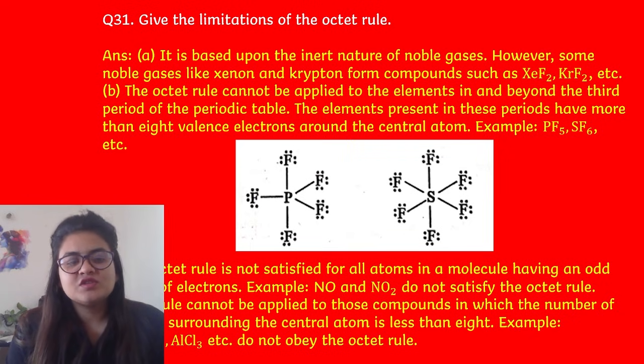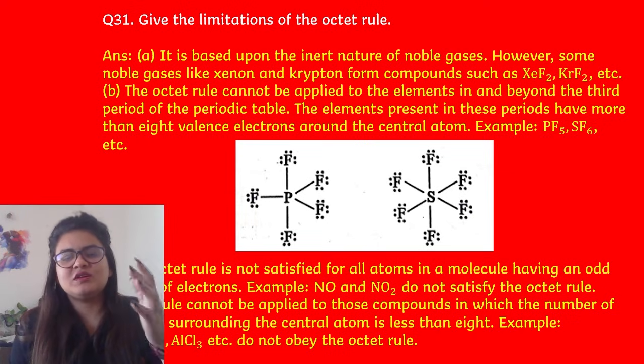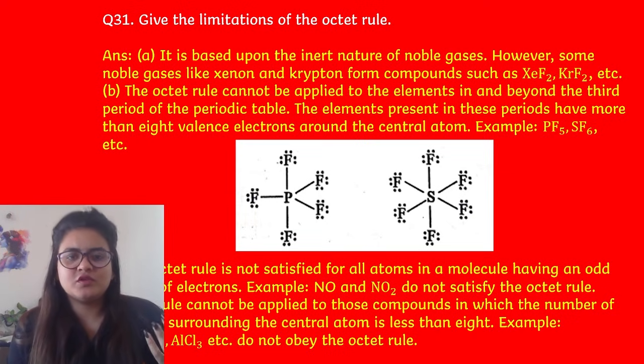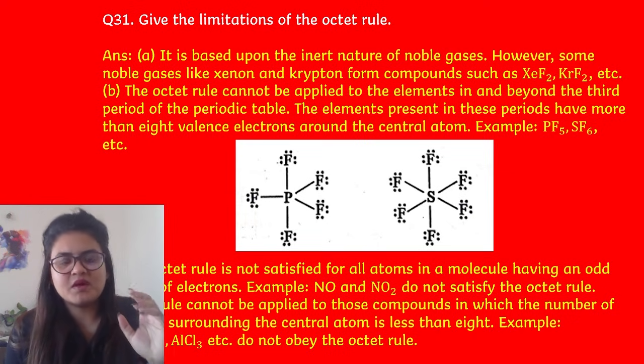Next, there can be fewer than an octet but still stable, like LiCl, BeH2, BCl3. Then odd electron species like NO and NO2 also do not satisfy the octet rule. You can take any 3 or 2 of them, on the basis of the marks given to you, and write them down.